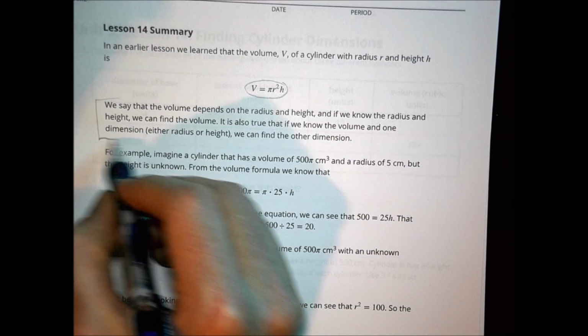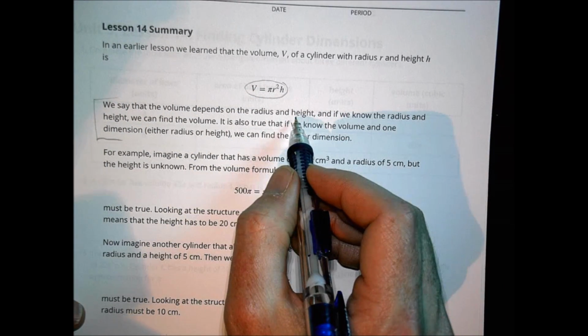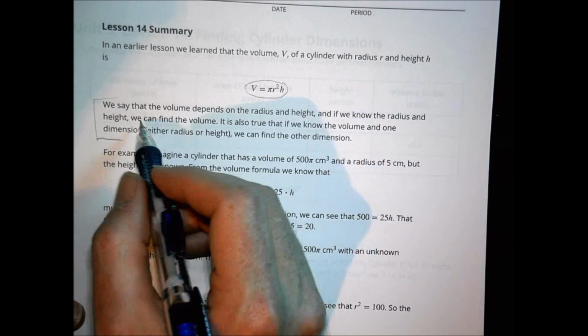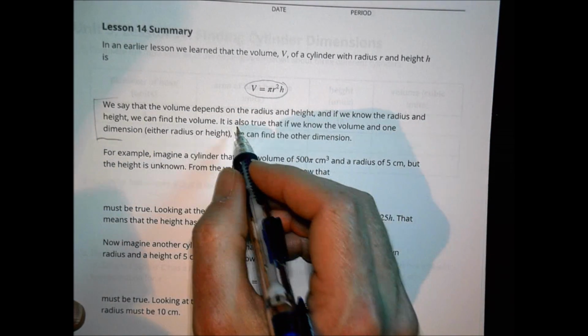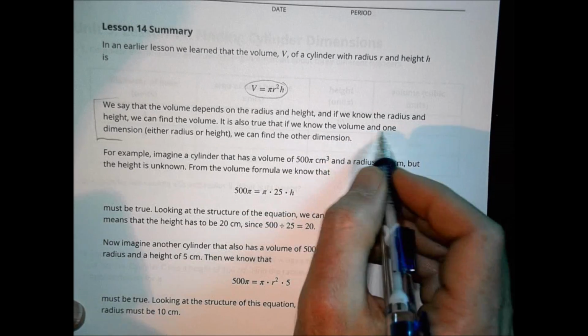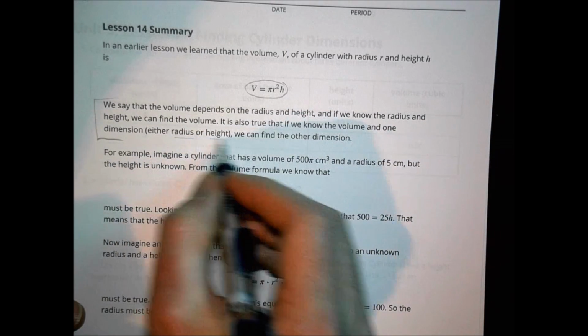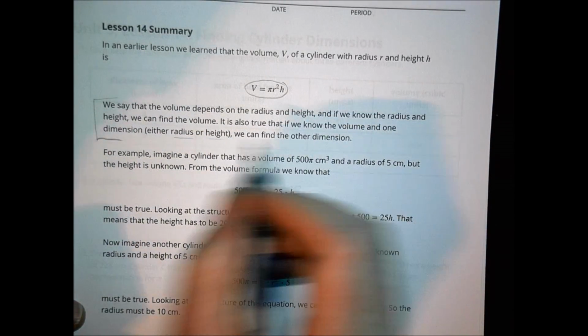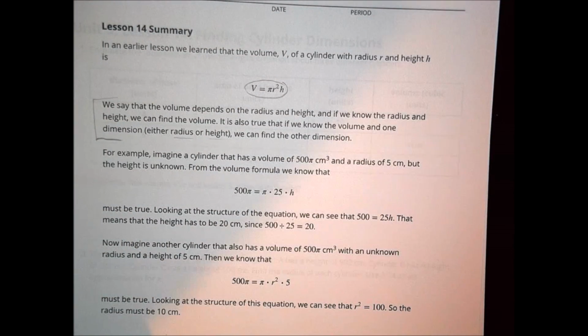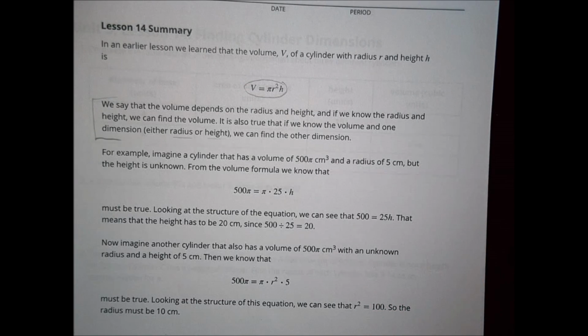So we say that the volume depends on the radius and the height. And if we know the radius and the height, we can find the volume. It's also true that if we know the volume and one dimension, either radius or height, we can find the other dimension. And that's what we saw again and again today, and that's what we're going to see in our homework today as well. So take a moment to work on your homework, and then let's check that together.